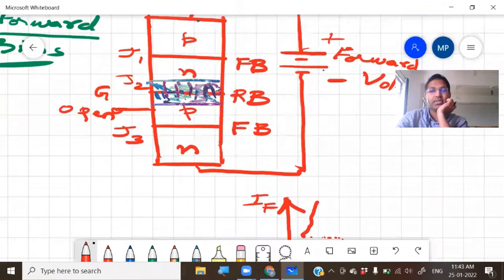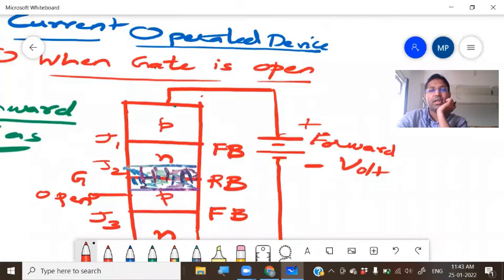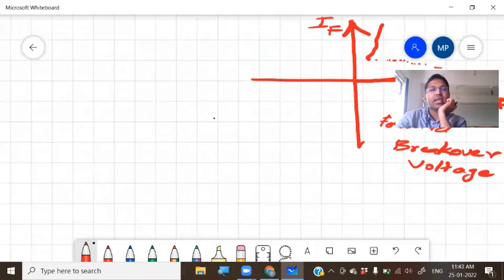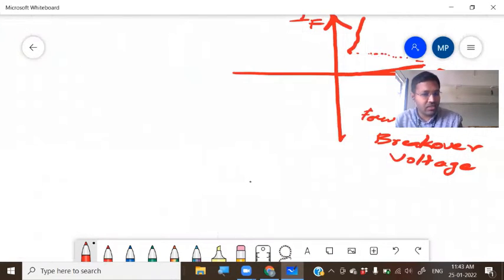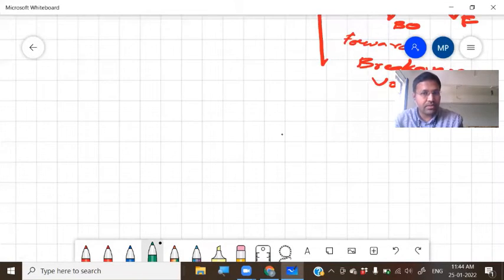I will draw again. Next we will consider the same case, when the gate is open, with reverse bias. I will draw a bit lower.